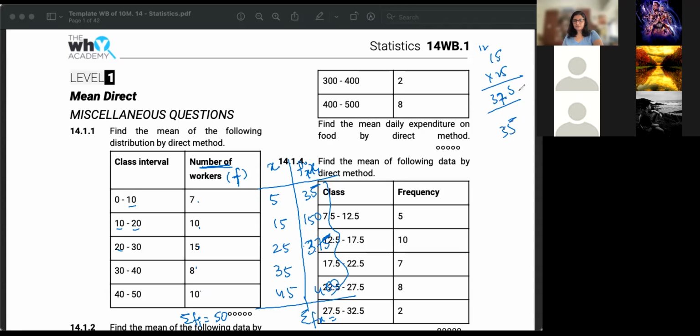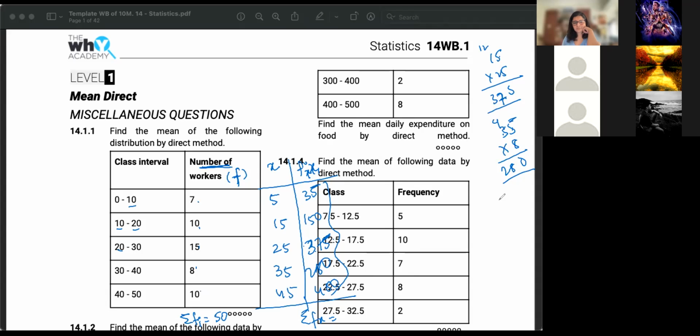Okay, Raghav's also done. Both of you got the same answer. So 35 plus 150 plus 375 plus 250 plus 450. 280 plus 450. Sorry, yeah. Puneet is also done. Ryan got it. Good.